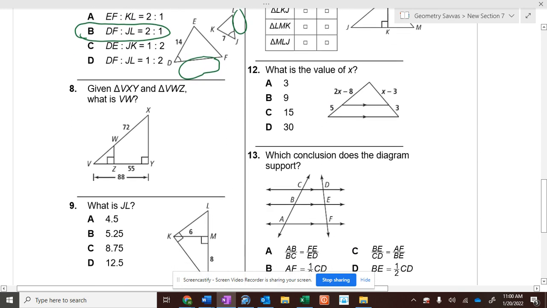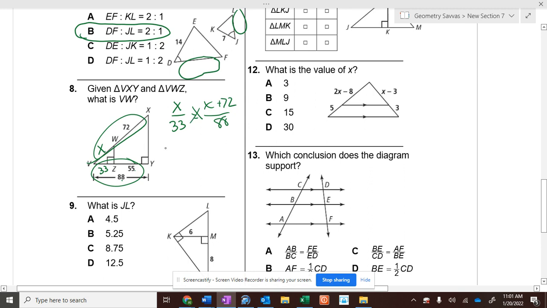Okay, number 8. If this is 88 and this is 55, then this must be 33. And here is x. So the small one, x over 33 for the small triangle equals this whole side, x plus 72, over this whole side, 88.